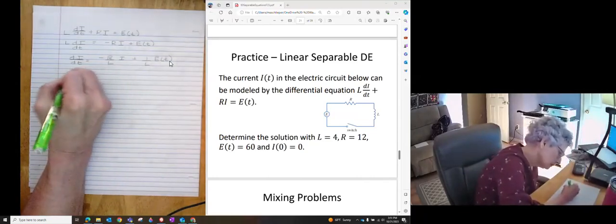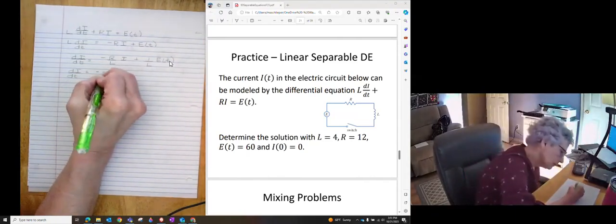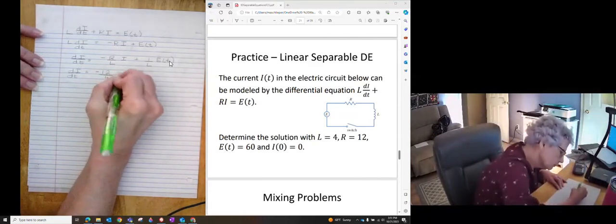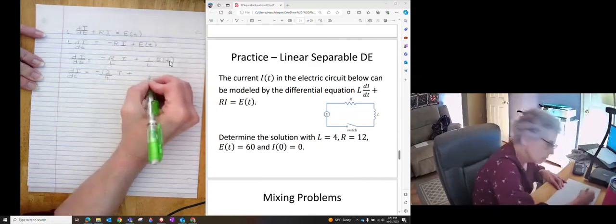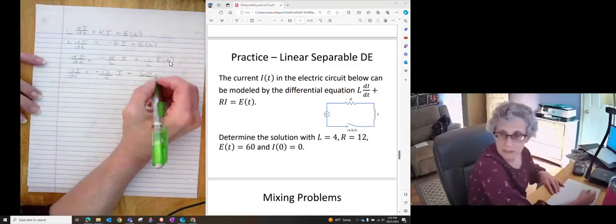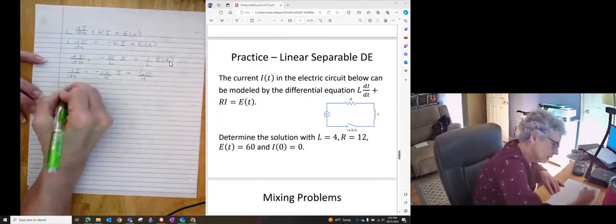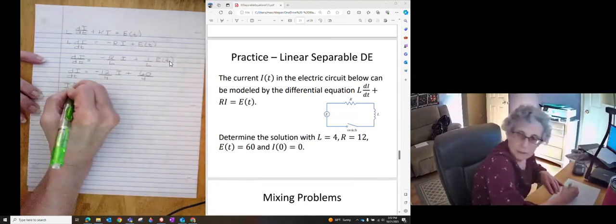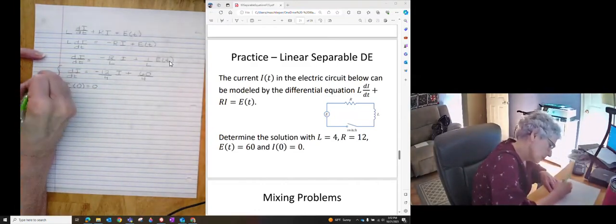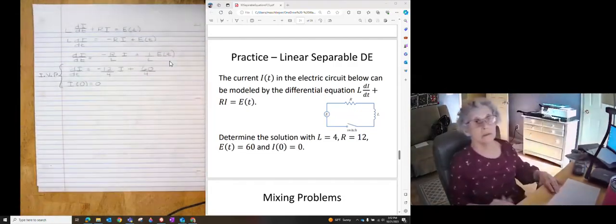So di dt, R was 12, L is 4, E of t is 60, and L is still 4. And I have an initial condition, I at time 0 is equal to 0. This is an initial value problem.